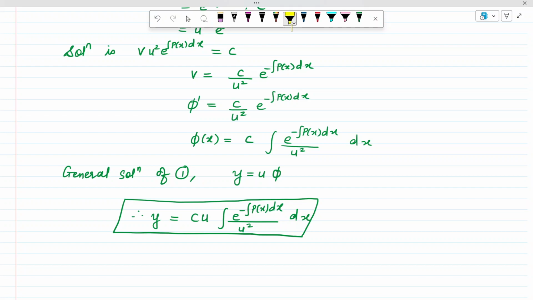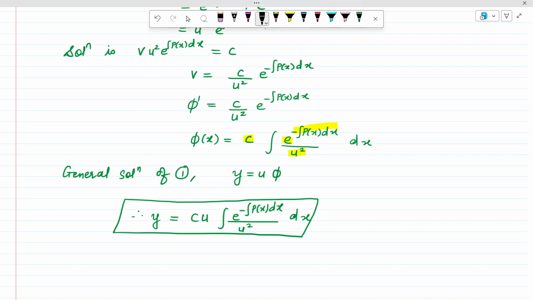What I've written in the box is the value of y after we substitute the value of phi into it. So this is the method of finding the second solution of a second order homogeneous linear differential equation with variable coefficients. So let's begin with some questions or sums over here.